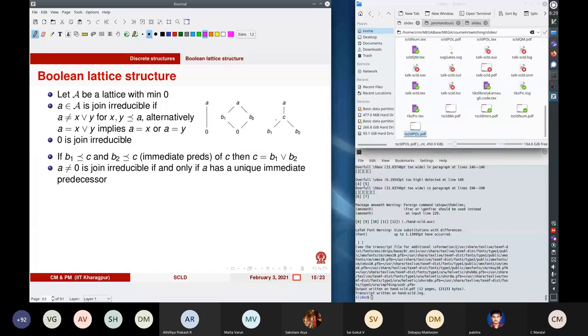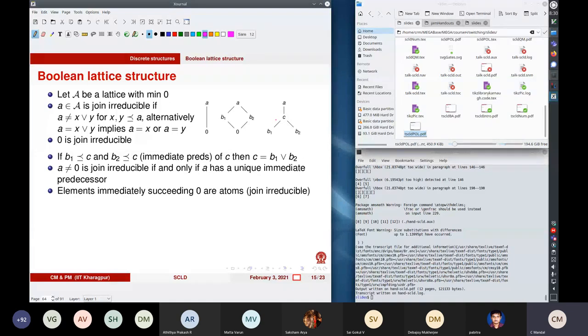Now, an element A which is not the minimum element, not 0, is join irreducible if and only if it has a unique immediate predecessor. So that is just what I discussed.